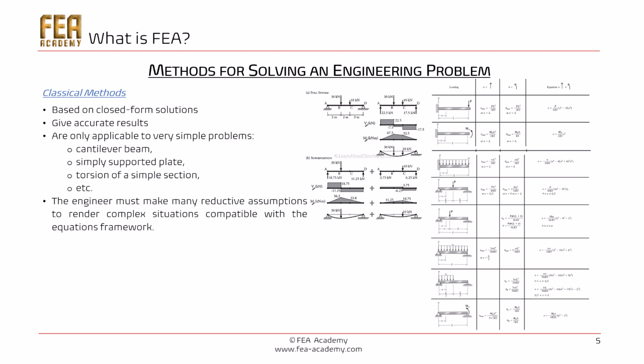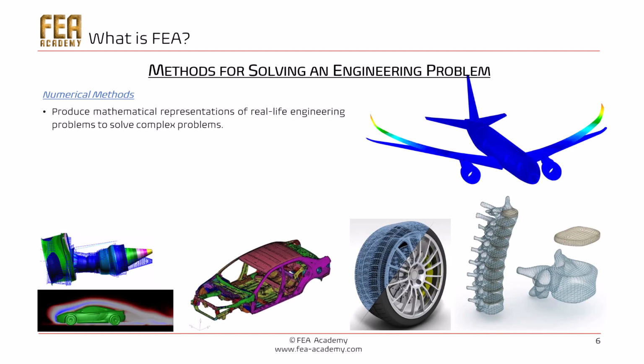So, numerical methods have been developed to solve the more complex problems. On the other hand, by making assumptions, you can use the numerical methods to produce mathematical representation of real-life engineering simulations to solve complex problems.